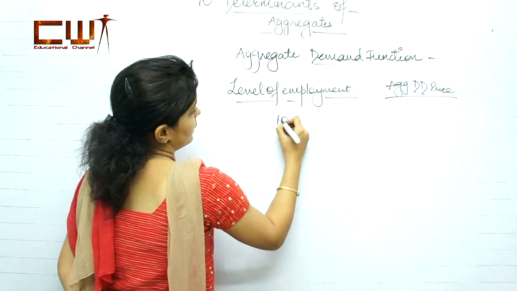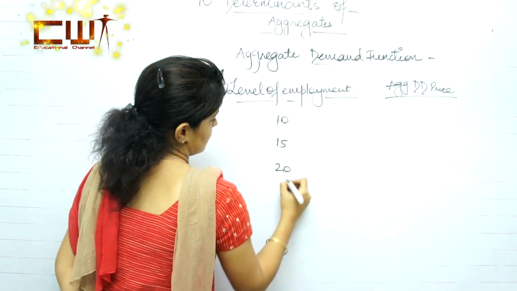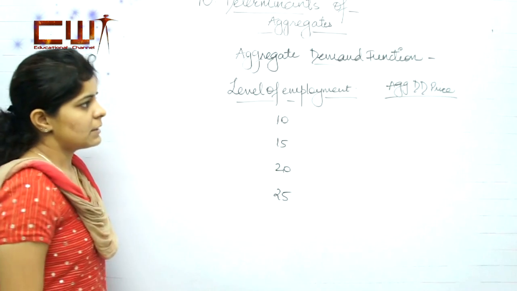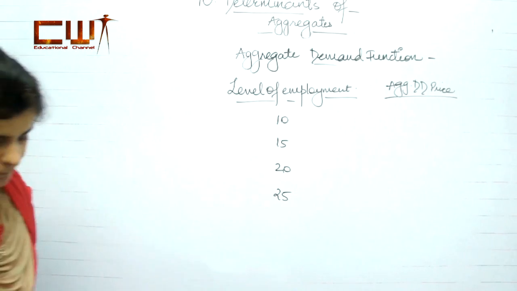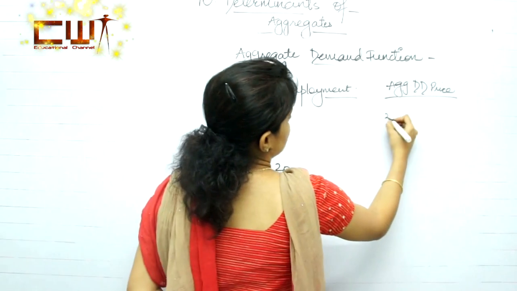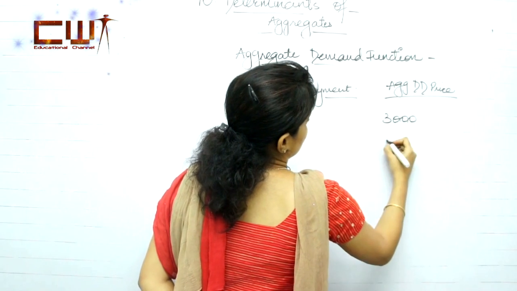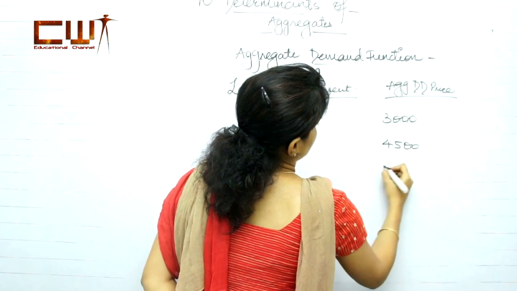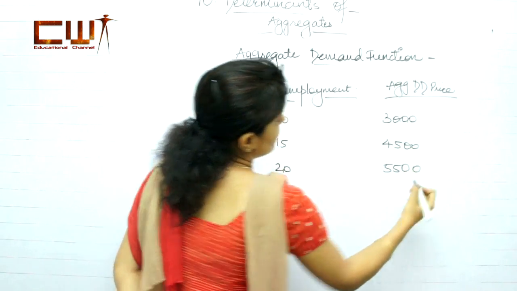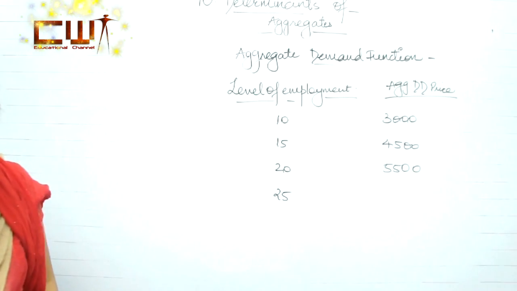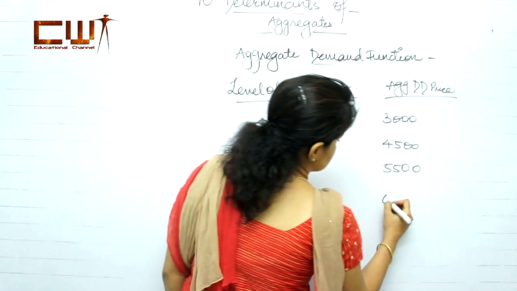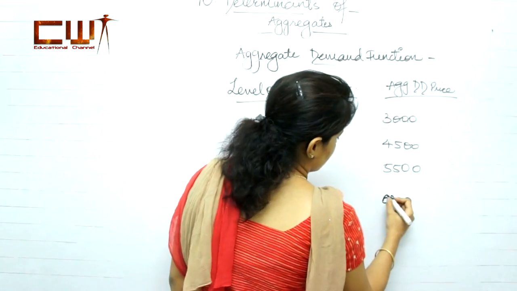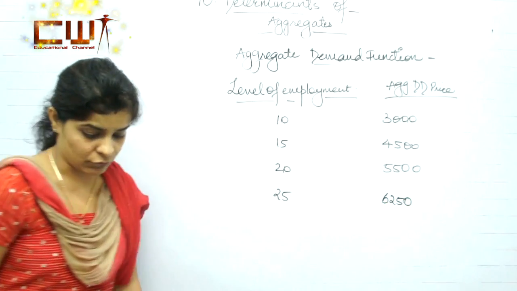I am just taking fictitious figures. Then you have the aggregate demand price 3,000, 4,500, 5,500. These are all fictitious figures I am taking, right? Any other figure you can have, you can take 6,250. Any figures which you want, you can take at your own will.